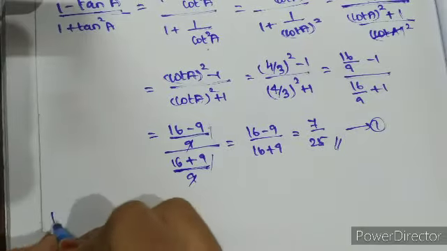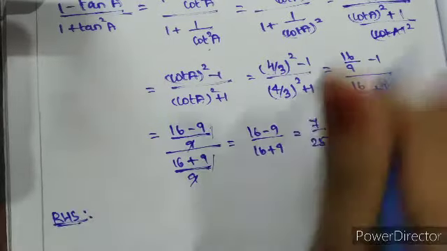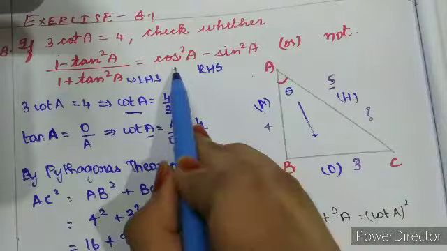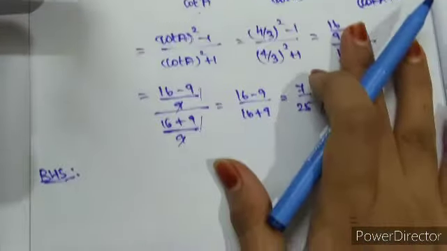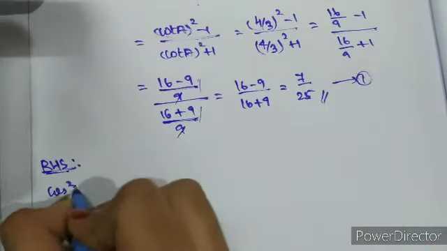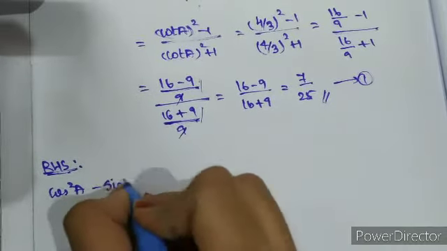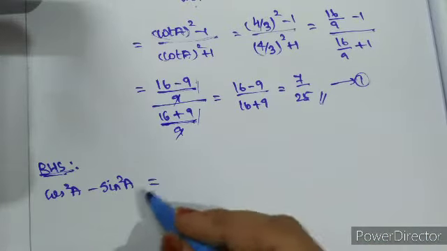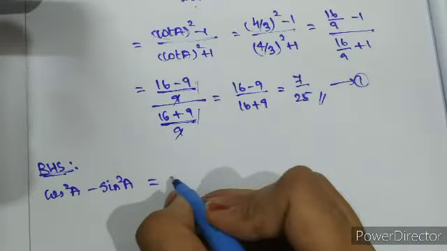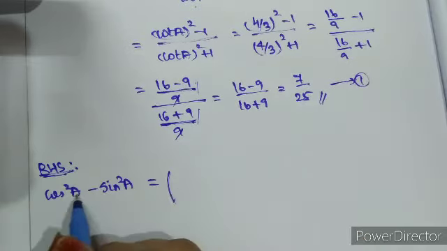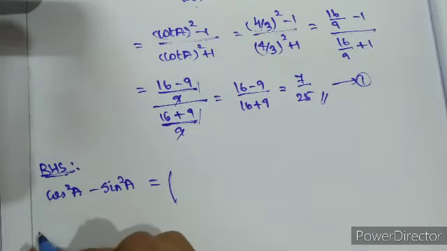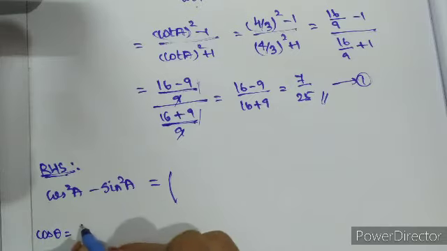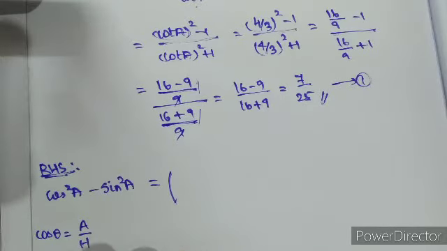Now let us find the RHS. Our RHS is cos square A minus sin square A. So we know the property that sin square A is equal to sin A the whole square. Here we know that cos theta is adjacent by hypotenuse and sin theta is opposite by hypotenuse.